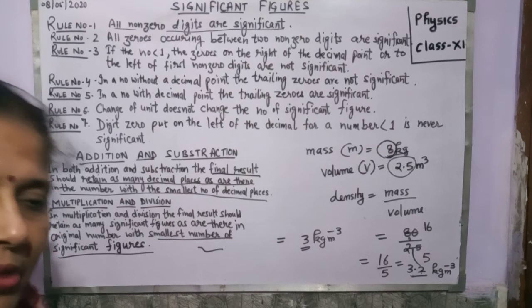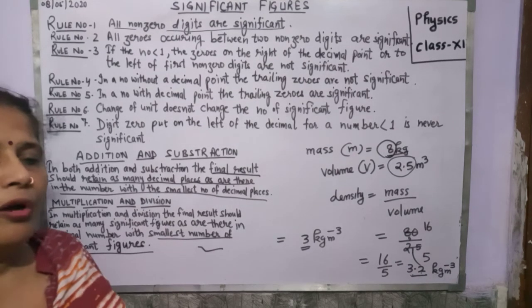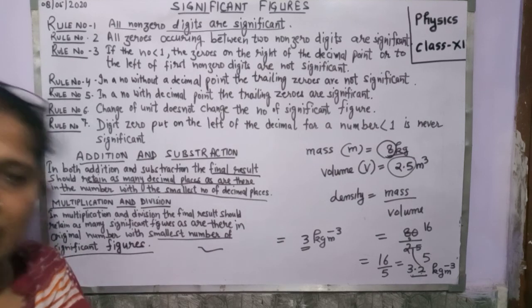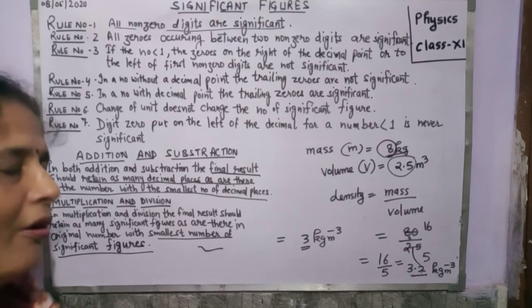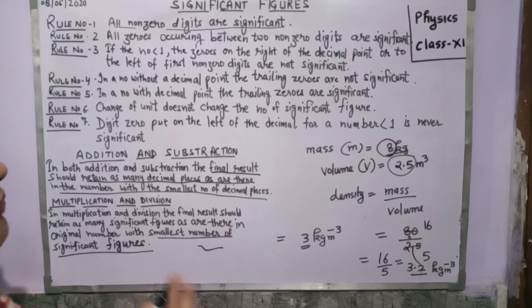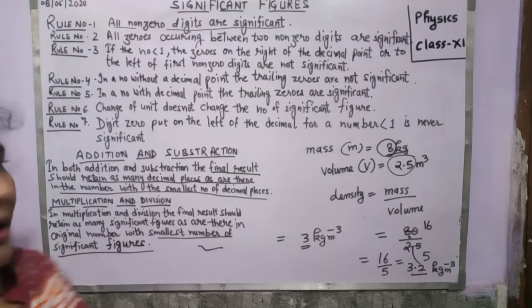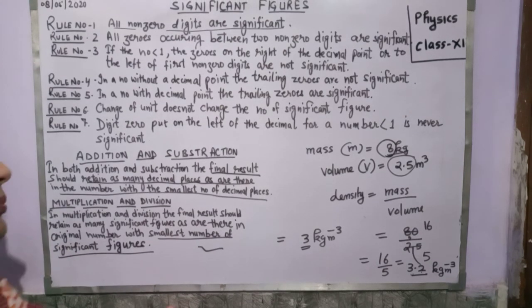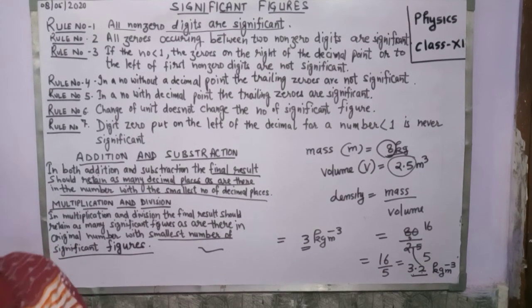Suppose 2 significant figures, then you have to round to 2 significant figures. If it has only 1 significant figure, we have to round it off to only 1 significant figure. That is the end of significant figures. Try some questions from NCERT from this chapter also. Okay, thank you.